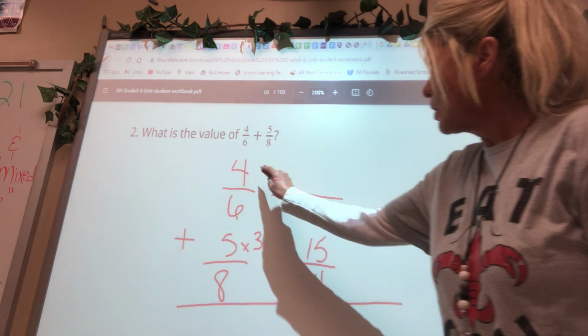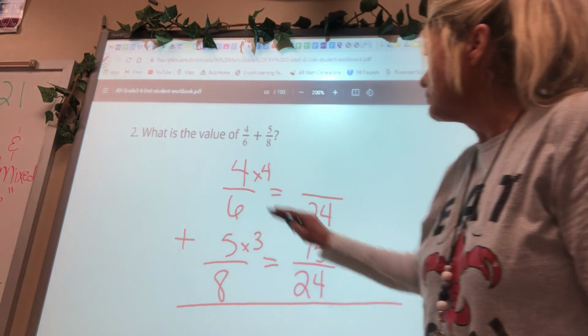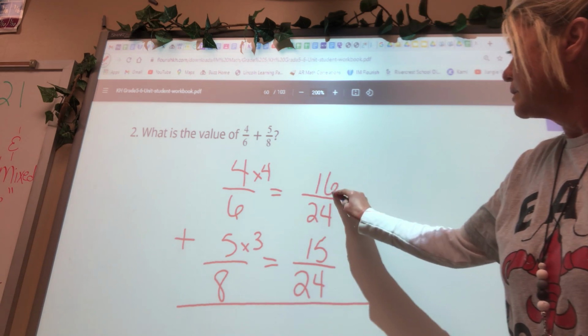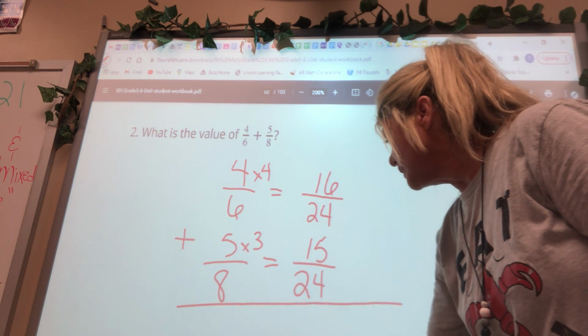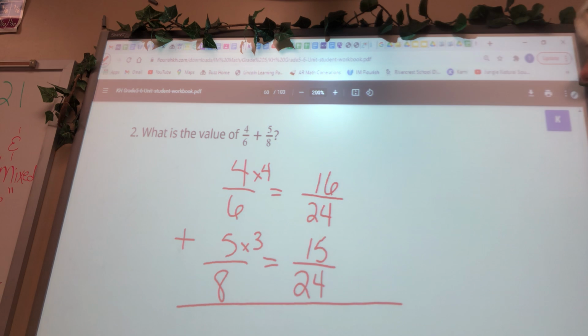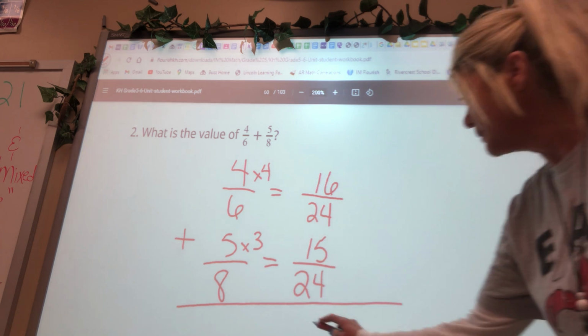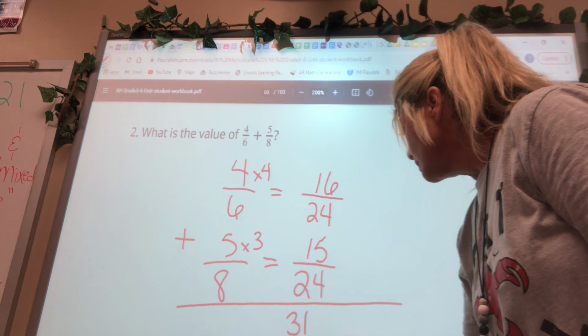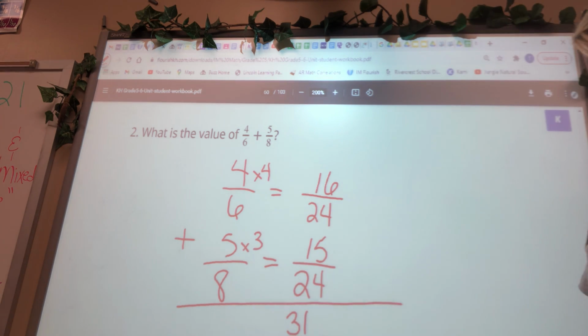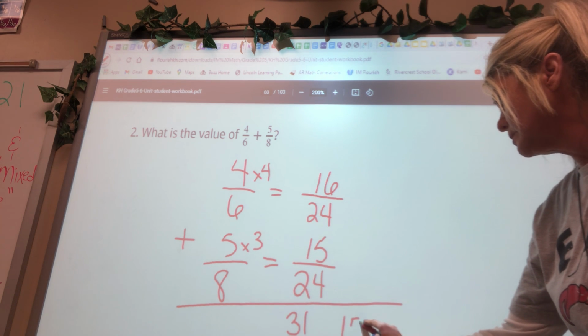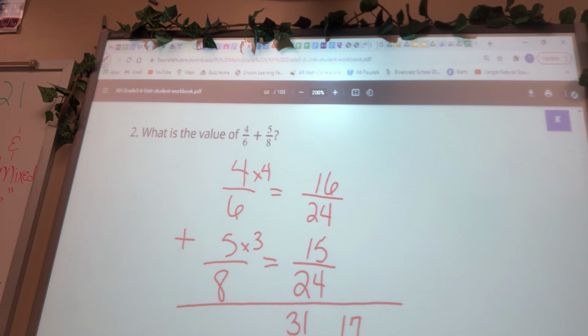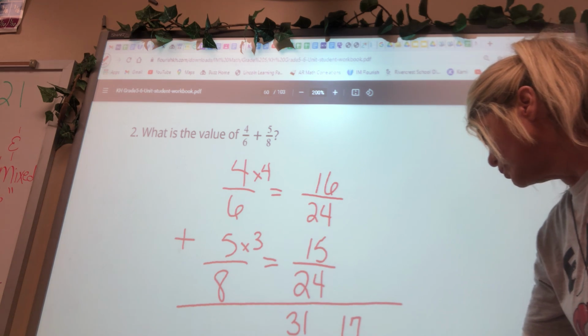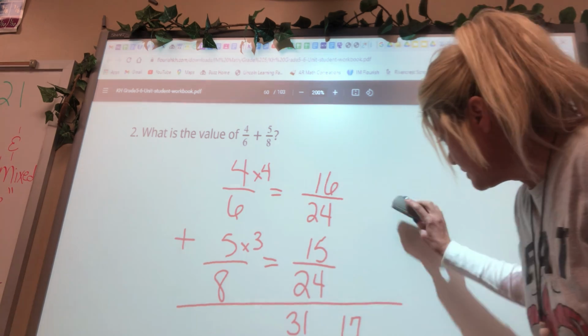Times 4. So I have to do that here as well. 16. Then I keep that denominator. That's why we got it in common. 16 plus 15, 31. Okay. How many whole times? 1. How many left over? 7. Yeah, 24. Okay, so that's using Han's method.